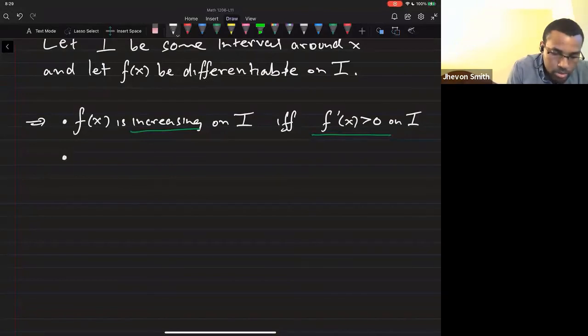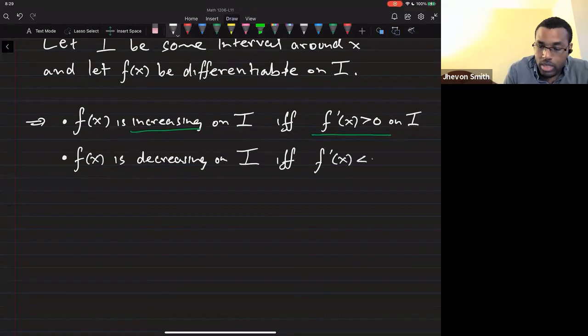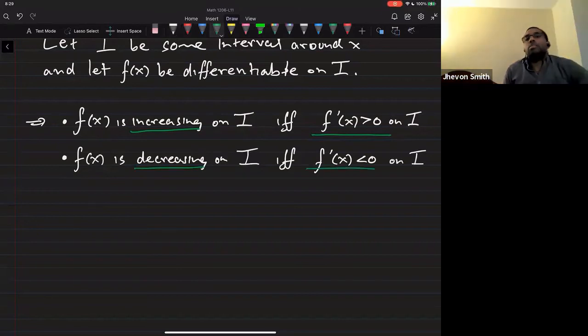If f of x is decreasing on I, if and only if, that would mean that the derivative is negative on I. So decreasing, you would associate with negative slope, right?